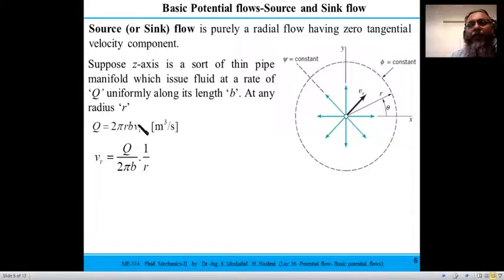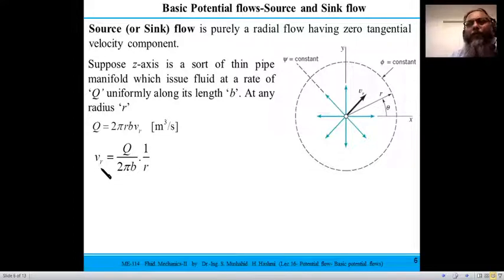We can write Vr on the left hand side and the other terms on the right hand side, and we know the volume flow rate and the width of the manifold pipe, placed in the z direction, from which the fluid comes out and goes only in the radial direction.